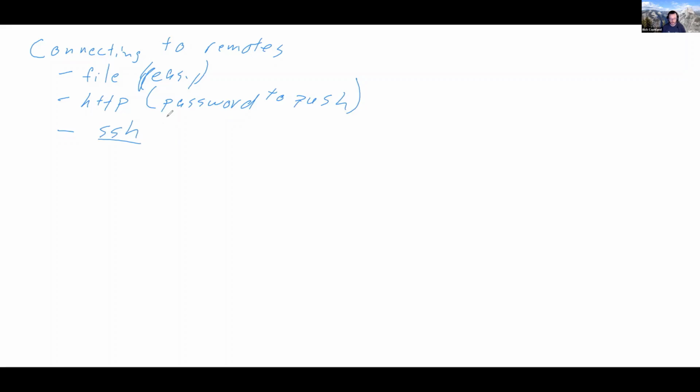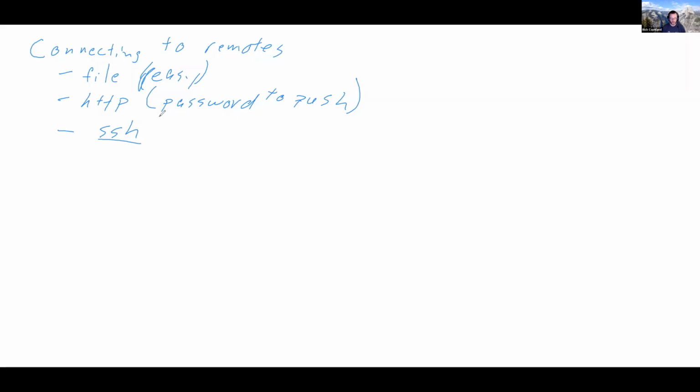SSH stands for secure shell, and it's not mainly used for Git. What it's mainly used for is just getting a terminal on another machine so that you can type commands on that other machine. And SSH can use lots of different ways to authenticate your user.